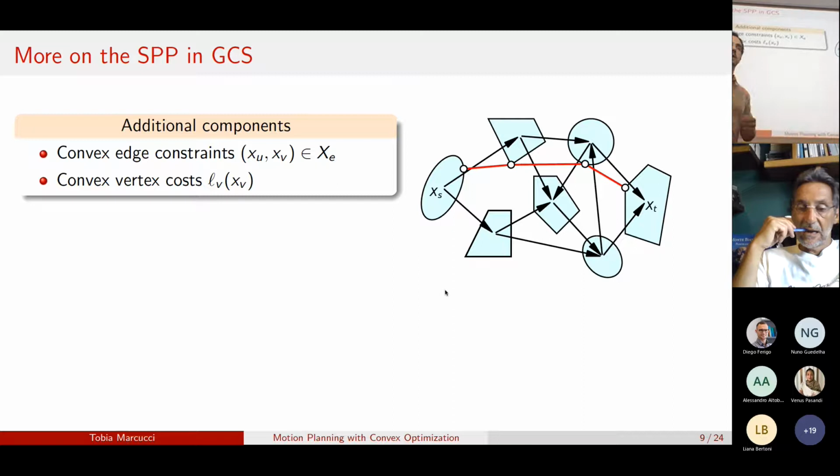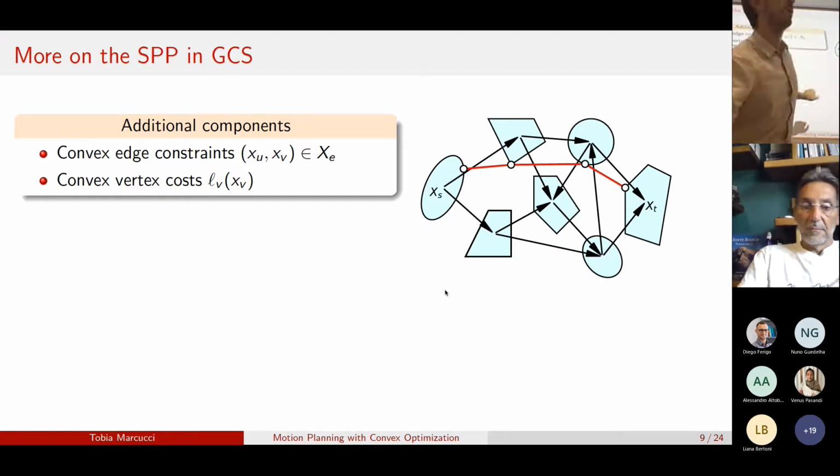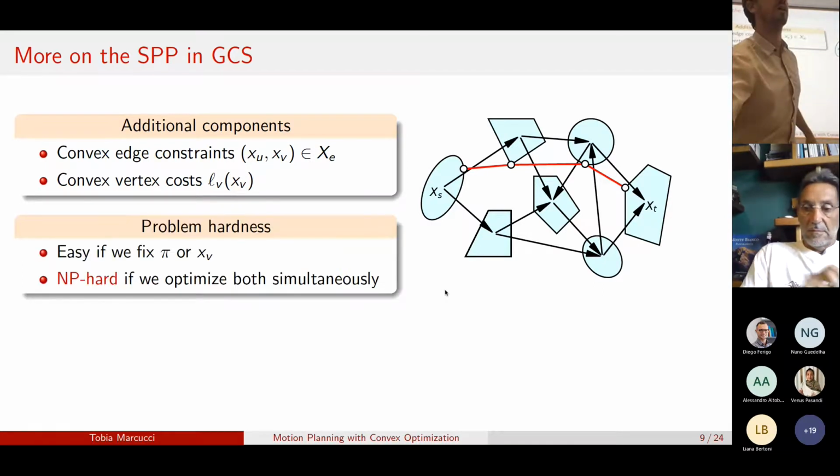For example, the dynamics of a linear dynamical system is a convex constraint. We can also add costs on the vertices. In a sense, we can ask, okay, if you want to traverse this vertex, you need to pay a certain cost depending on the positioning of that vertex. It's easily seen that they fit as special cases to the problem I just described. I just mentioned it because I will use them in a second.